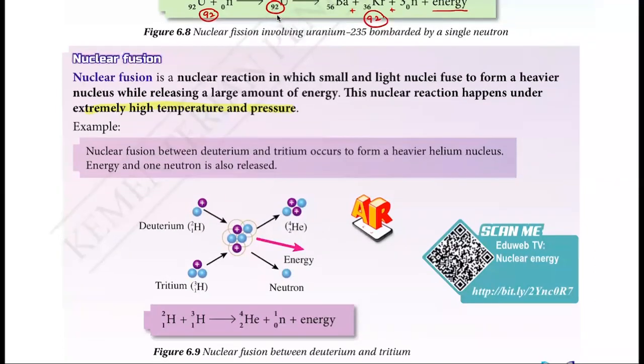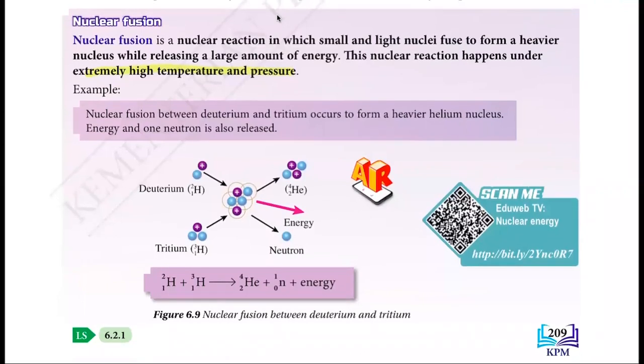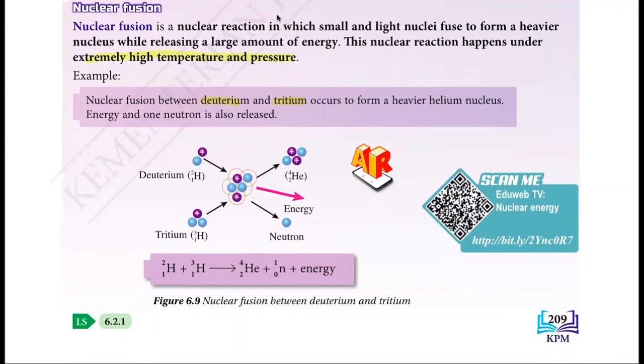So an example of this nuclear fusion is by using deuterium and tritium. Deuterium is an isotope of hydrogen, because we have three types of hydrogen atom. H 1 1, this is the basic one.